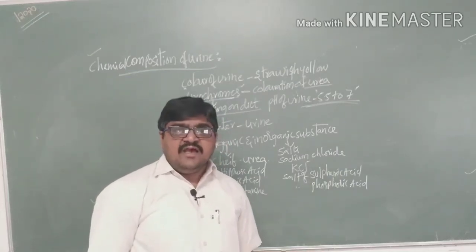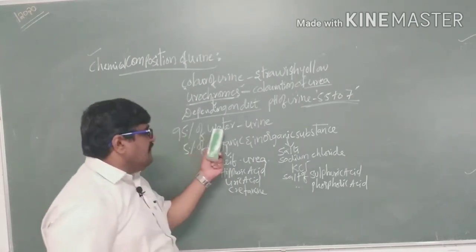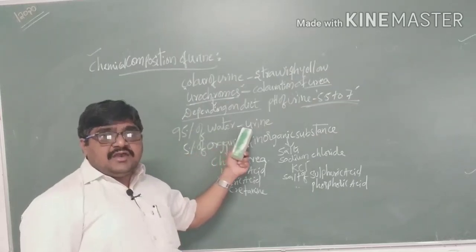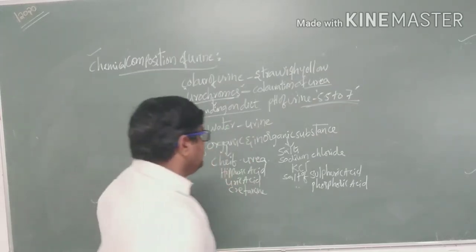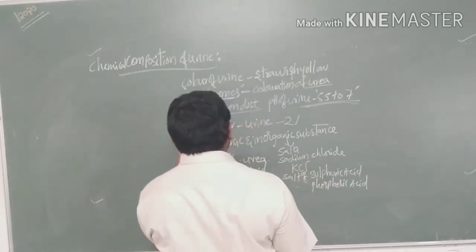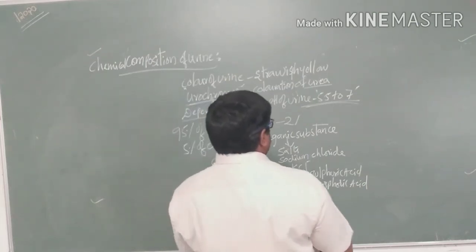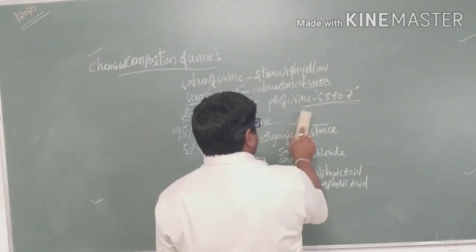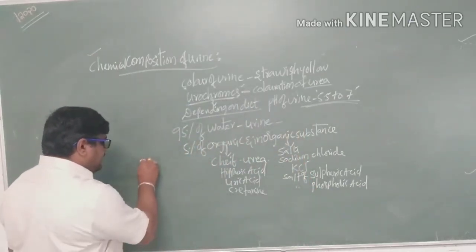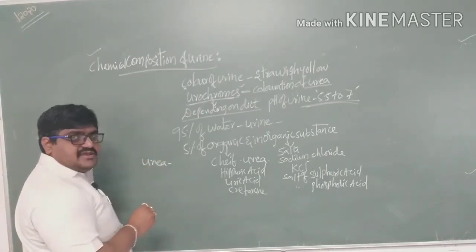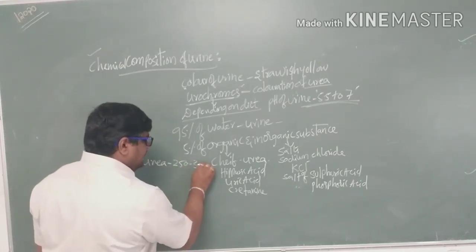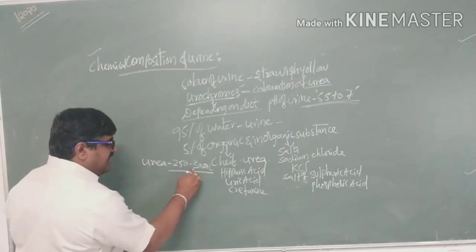These are present, and 95% water is present in the form of urine. In the blood, the urea content is 25 to 30 mg in 100 ml of blood.